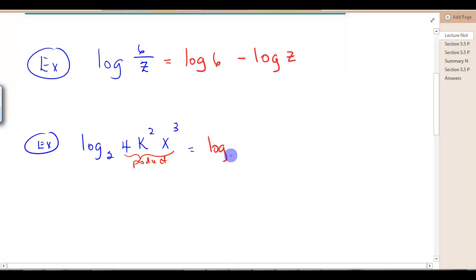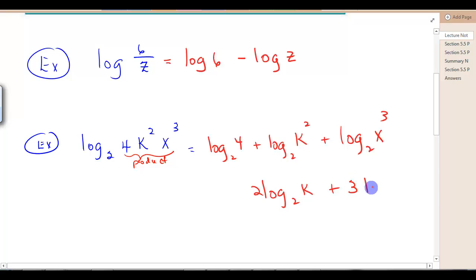We've got log base 2 of 4 plus log base 2 of k squared plus log base 2 of x cubed. All right, so that's the first step. Then we can bring these powers to the front. So we would have log base 2 of k plus 3 log base 2 of x.